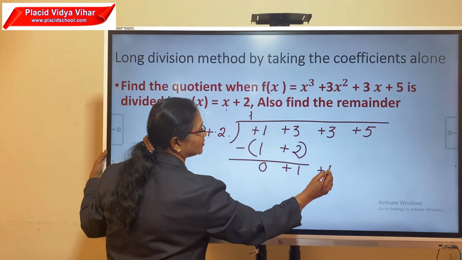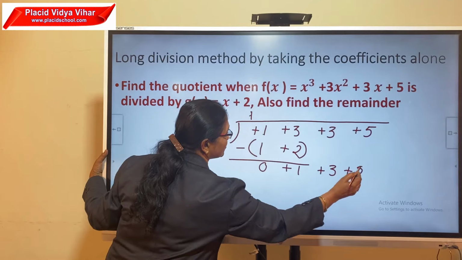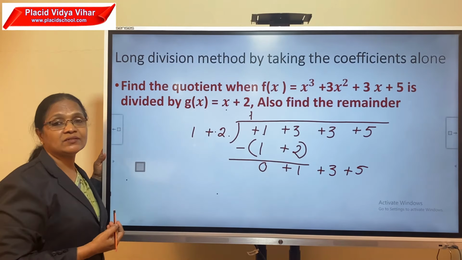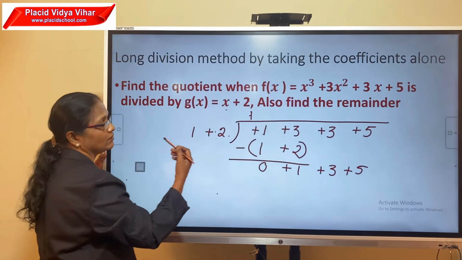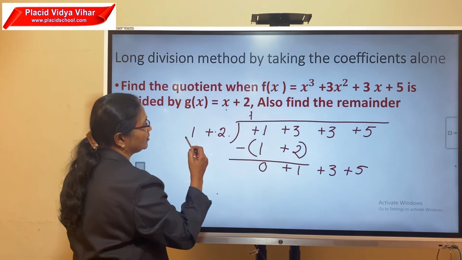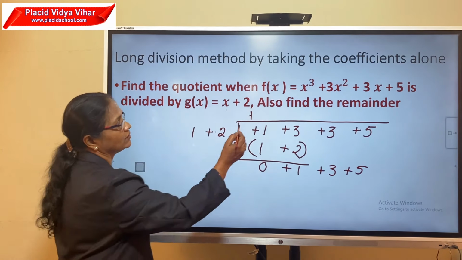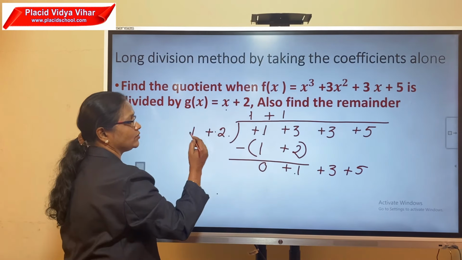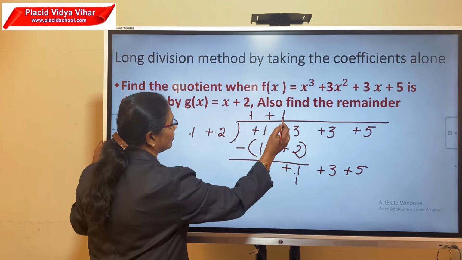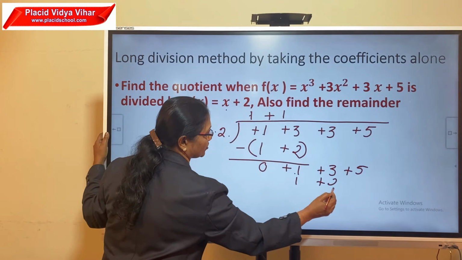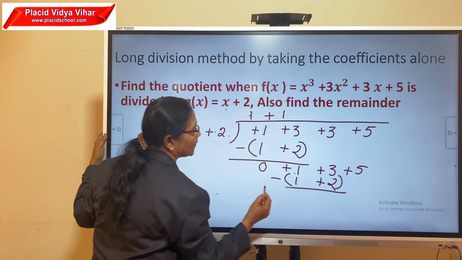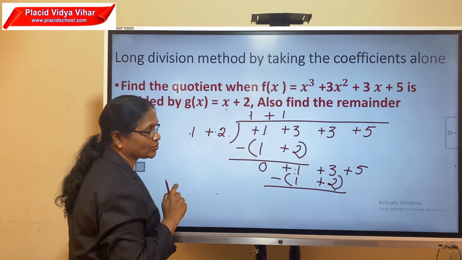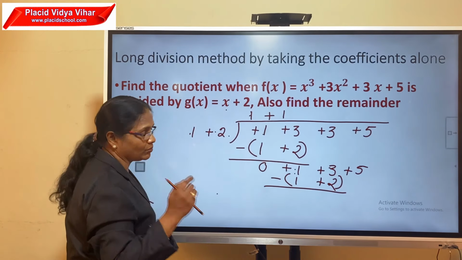Again I can write the next two terms: 1 plus 3 plus 5. See, here the first term is 1. The first term of the divisor also 1. 1 divided by 1 again plus 1. 1 into 1 equal 1. 1 into 2 equal 2. Again 1 minus 1 is 0. 3 minus 2 equal 1.